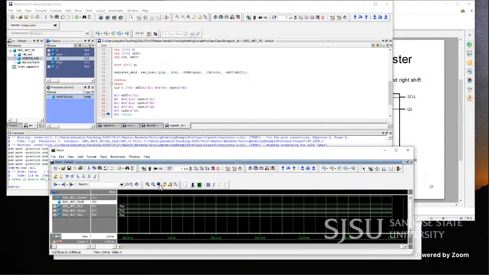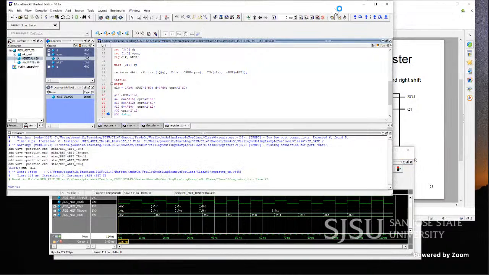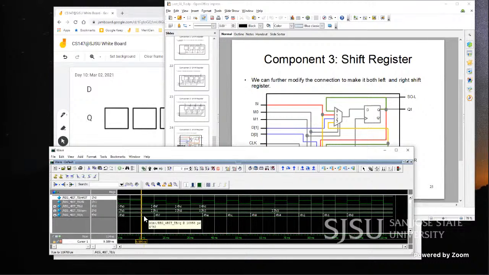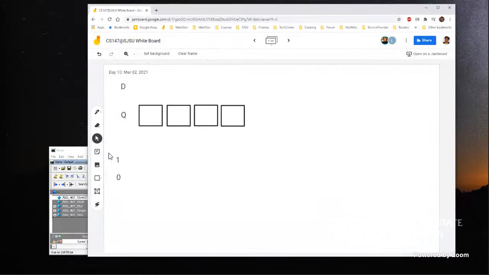And let's try to understand what is going on here. Now you see till this point it is reset operation. Q is reset to all zeros.